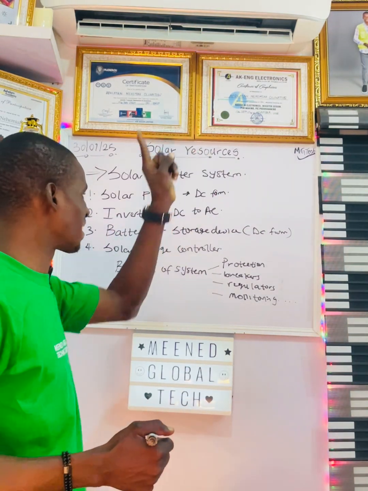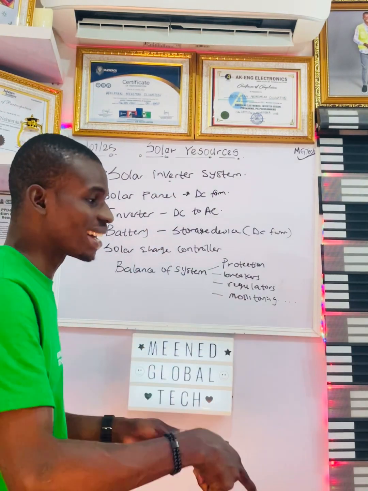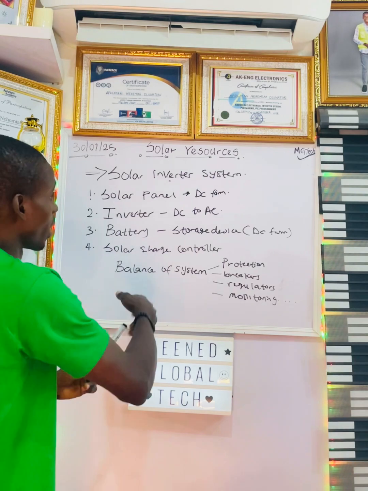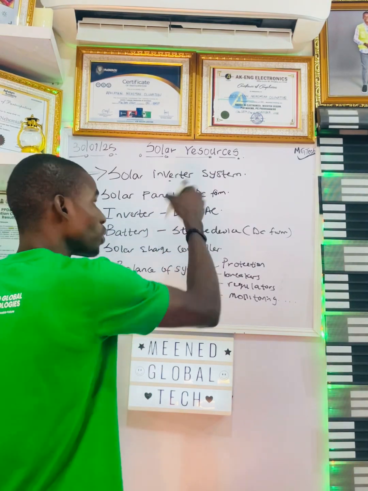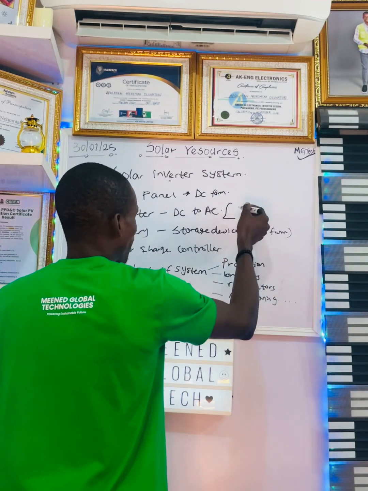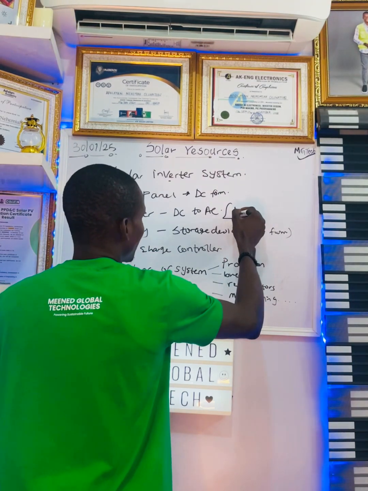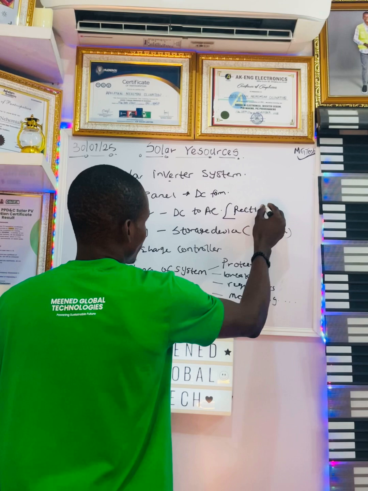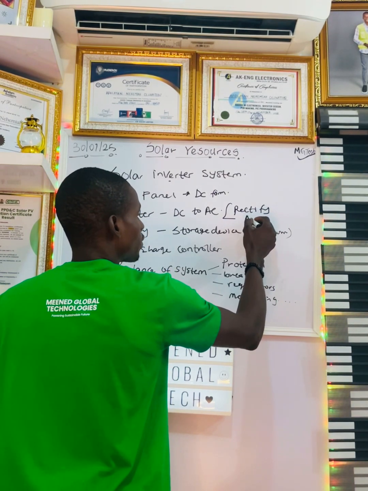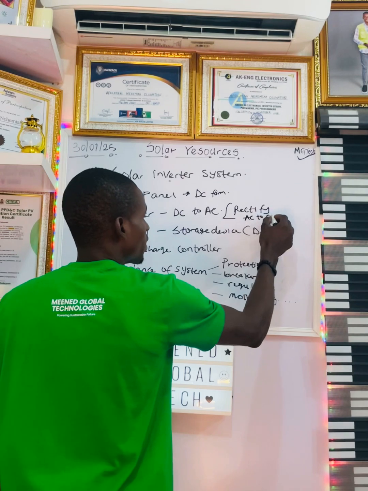Or alternatively, the recent inverters built, we have different types of panels, inverters, and batteries. The inverters currently in the market have the capacity to rectify. Rectification is the process of converting AC form of energy to DC.